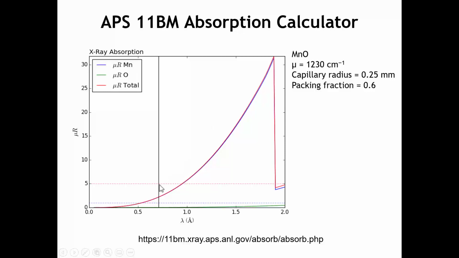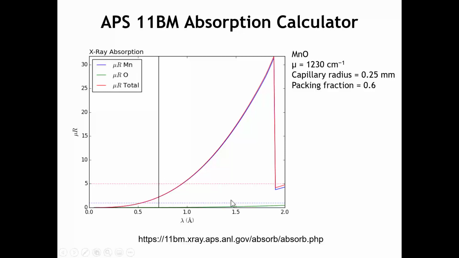Now, at the wavelength that I envisioned for this experiment of 0.7 angstroms, I can see that my mu r is right here. I don't know, something like 2, 2.5. Well, that's okay. I can probably live with that as long as I make an absorption correction when I'm analyzing my data. And by the way, the input for the absorption correction is the value of mu r.